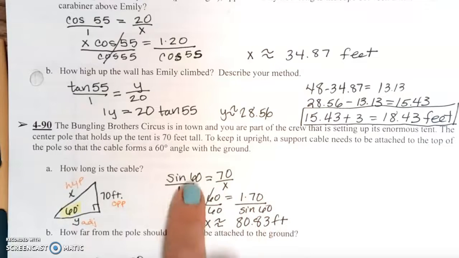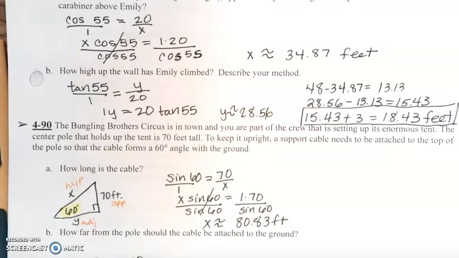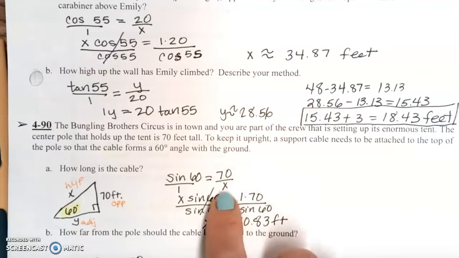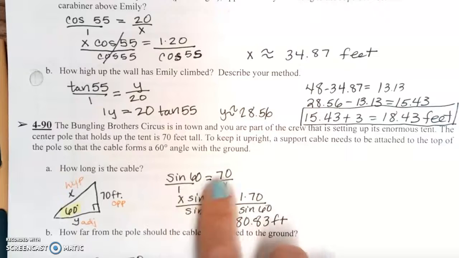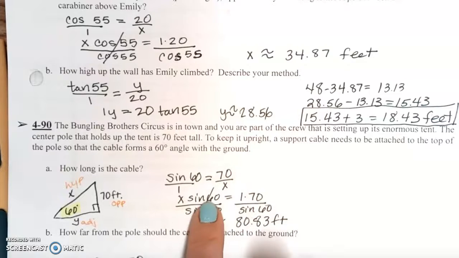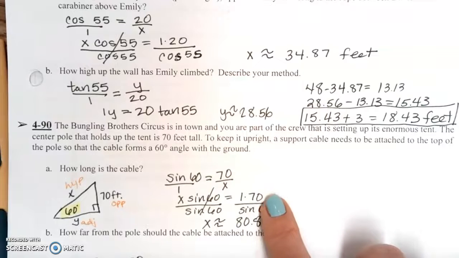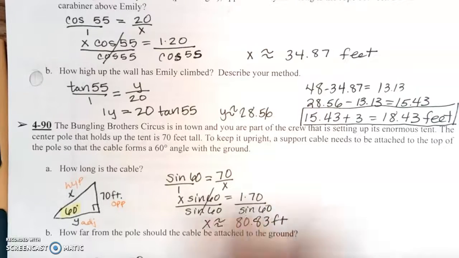Okay? Make it into a fraction so that we have a proportion so that we can do the cross product and solve. Okay? So from the proportion, we go x times the sine of 60, set equal to the 1 times 70. To get that x by itself, we have to divide both sides by the sine of 60 so that they cancel on the left, leaving us with just x. And then this is the side that we type into the calculator. So we're going to have 70 over the sine of 60.